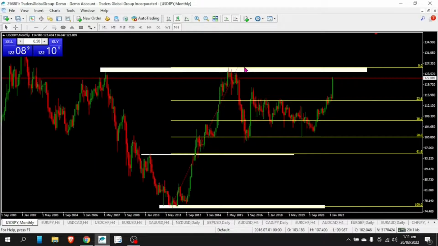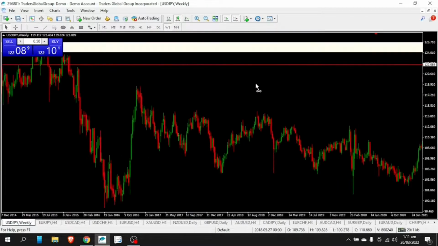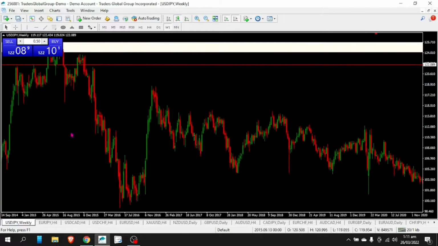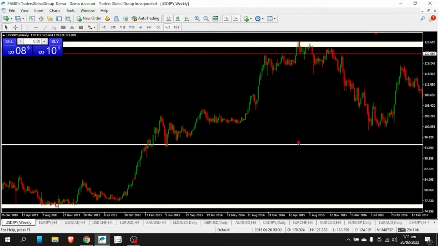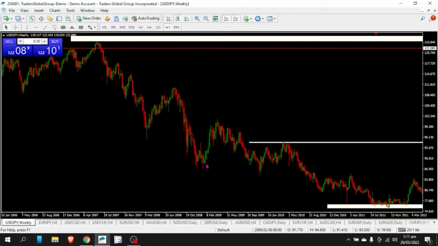I'll remove this one so that the chart will be clear. Now I earlier showed you for a bullish. Now let's check for bearish. Okay, price is here.